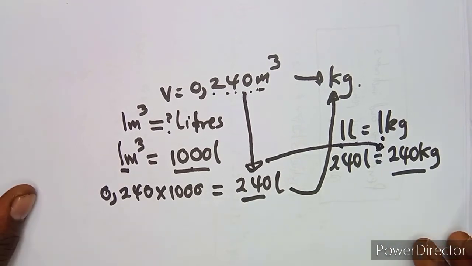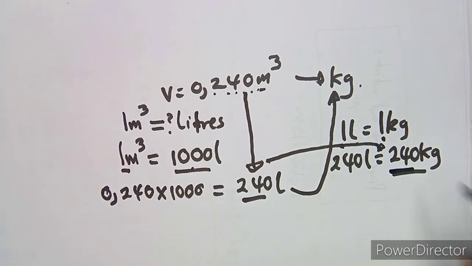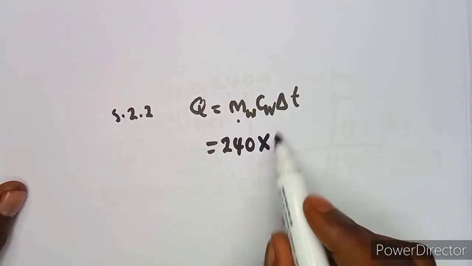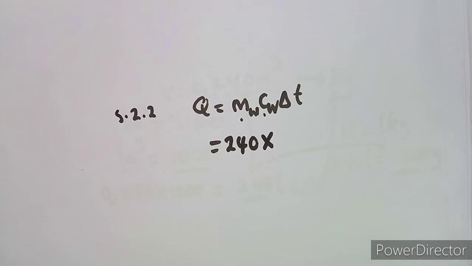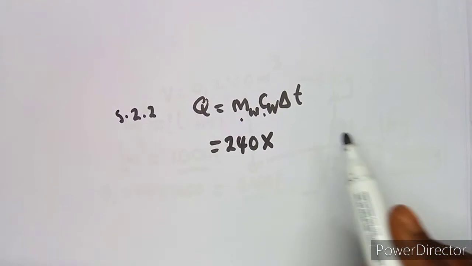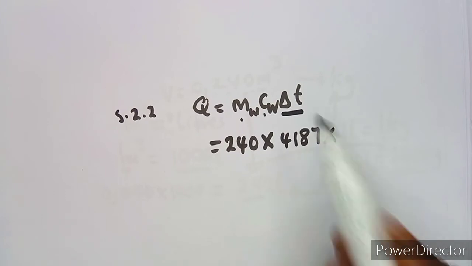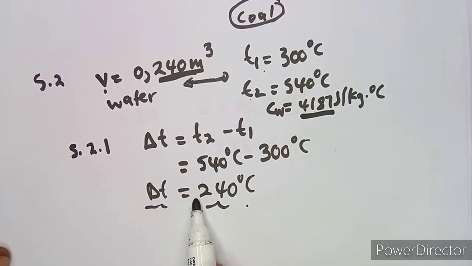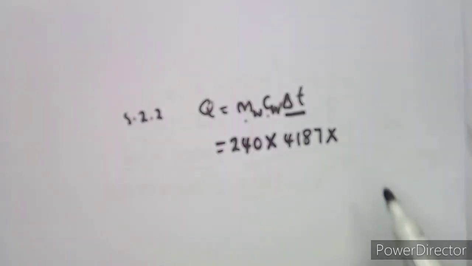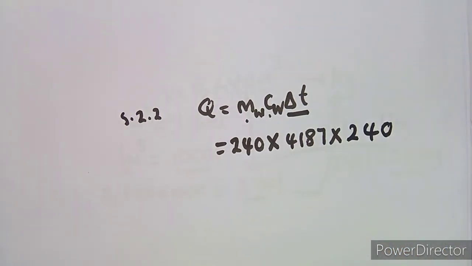Now we have the mass, so you just substitute into the formula. The mass of water is 240 kgs, times the specific heat capacity of water, which we wrote here, 4187, times the change in temperature, T2 minus T1, which we calculated before.